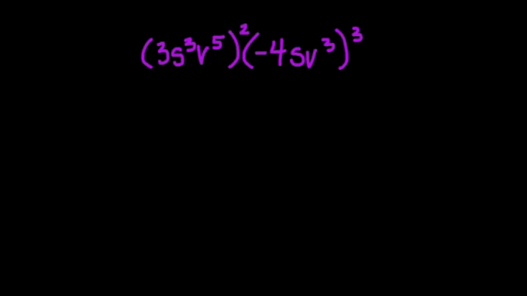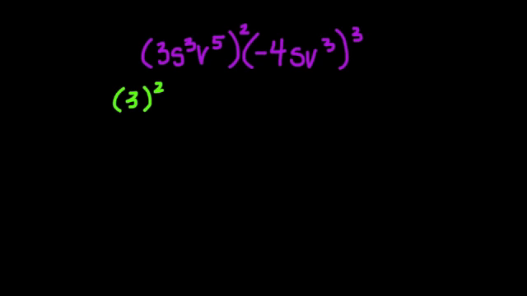Alright, let's try this one where you have several pieces going on here. So notice in this first parenthesis here, we're going to take it to the second power. In the second parenthesis, we're going to take to the third power. So let's start by breaking down that first parenthesis. I am going to break it down into each part.